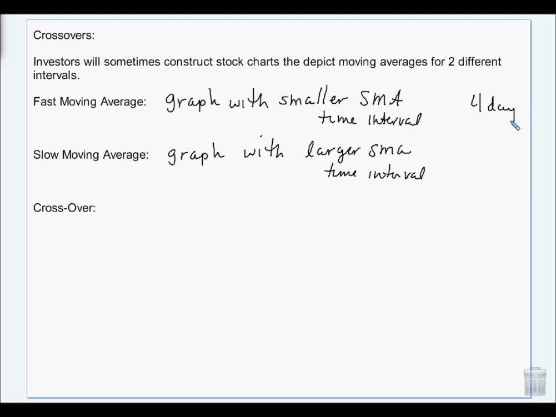For example, this might be a 4-day, and this might be a 12-day. So the 12-day is going to move slower, and the 4-day moves faster.